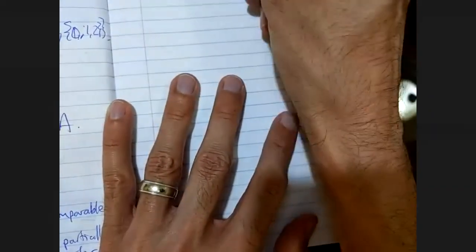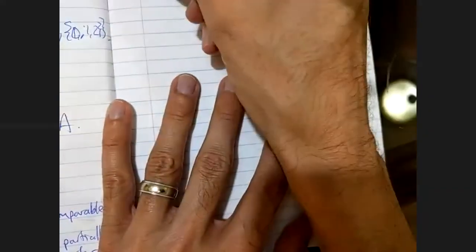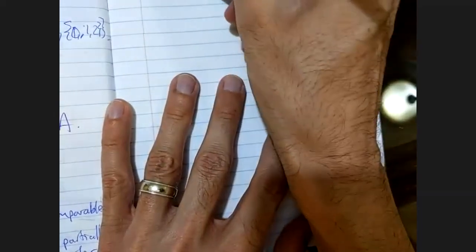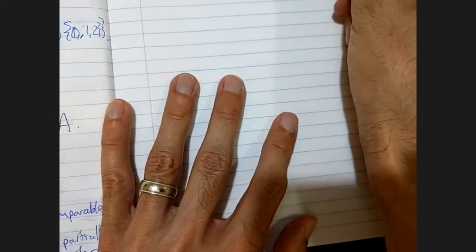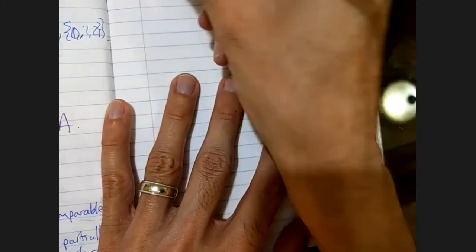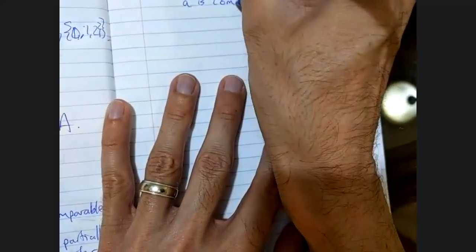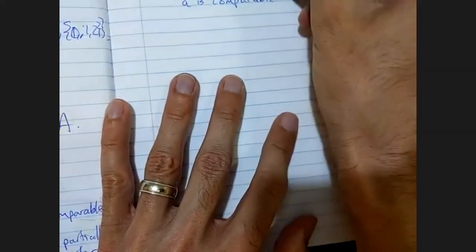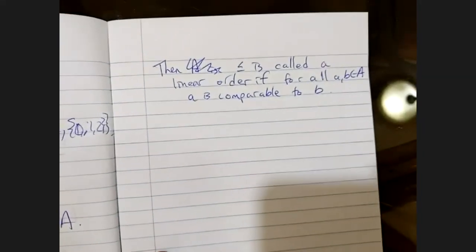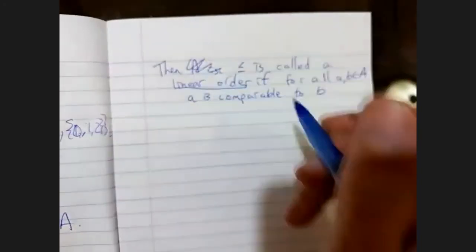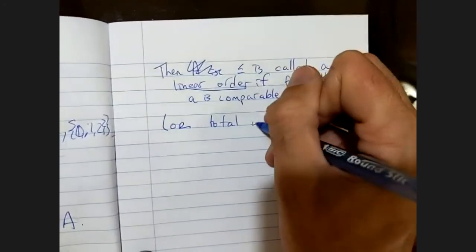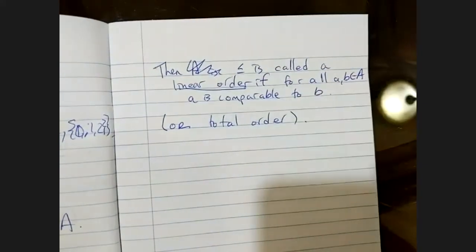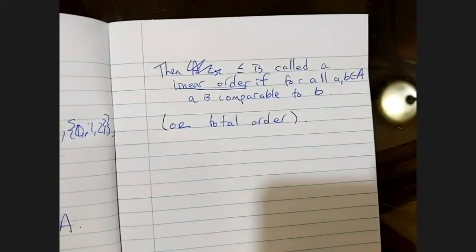Less than or equal to is called a linear order if for all A and B, A is comparable to B. Linear order or total order.